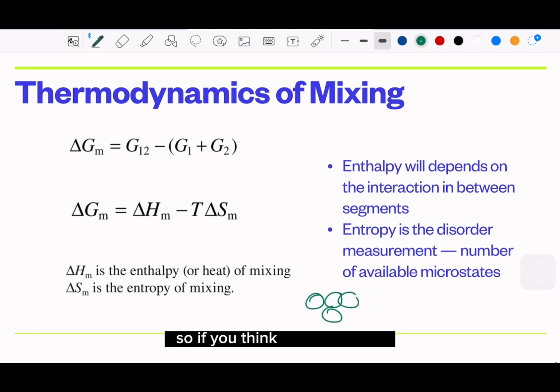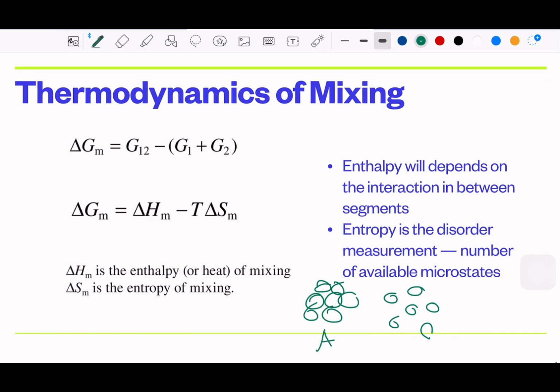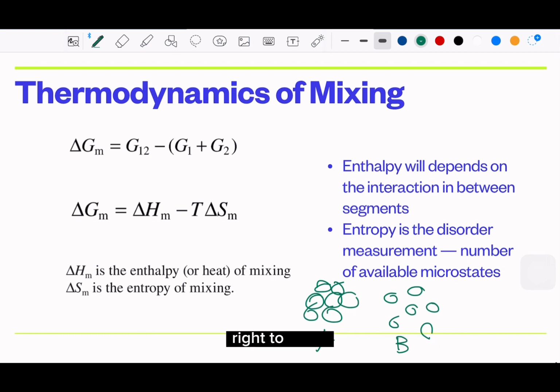If you think of a solid, and then you have more space in between, if you compare these two, let's say this is A and B. In A, the particles don't seem to have much space to move.